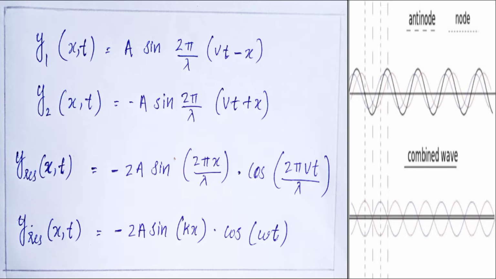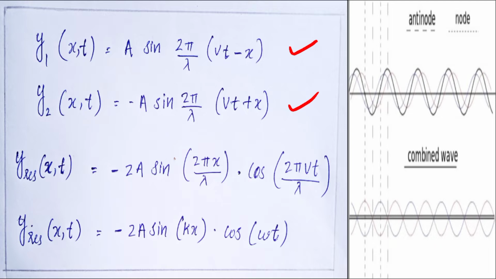Then y1 is the incident wave and y2 is the reflected wave. So the resultant standing wave from adding these two harmonic waves is equal to −2a sin(2πx/λ) cos(2πvt/λ). It is the equation of standing wave.